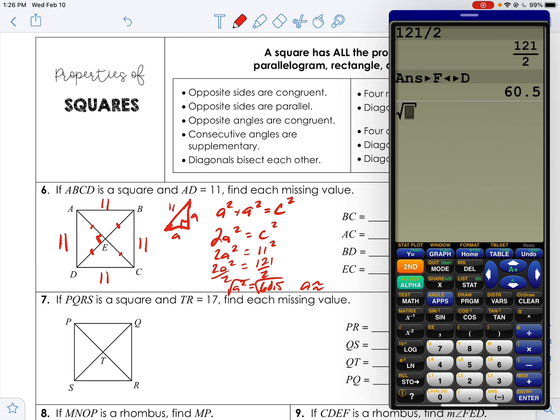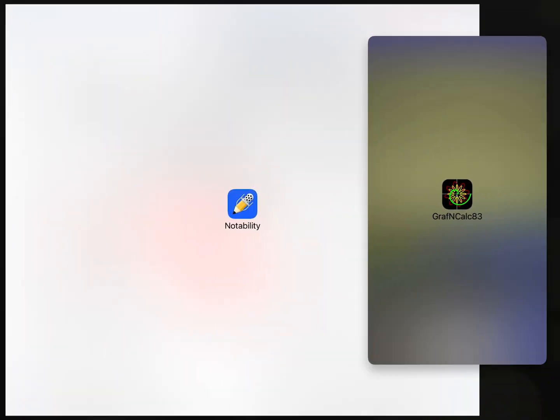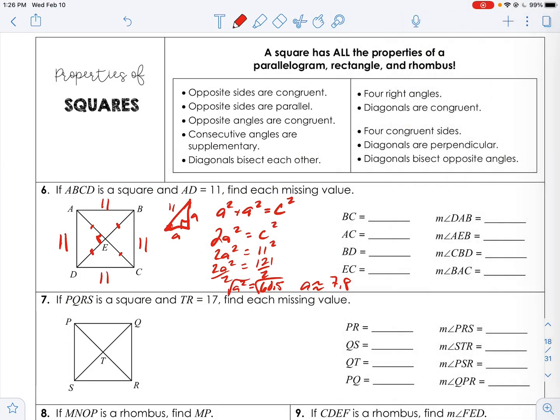Square root. A is approximately. So what is the square root of 60.5? Okay, so we got 7.78, so 7.8 is what we'll say. 7.8 approximately.